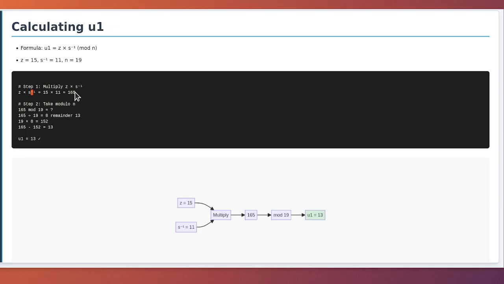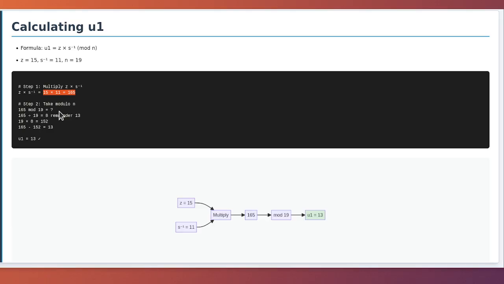First, we multiply Z times S inverse. That is 15 times 11. Let us calculate this carefully. 15 times 11 equals 15 times 10 plus 15 times 1. This is 150 plus 15, which totals 165. So Z times S inverse equals 165.